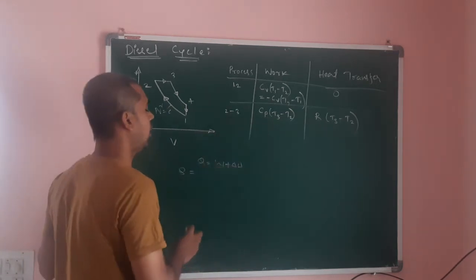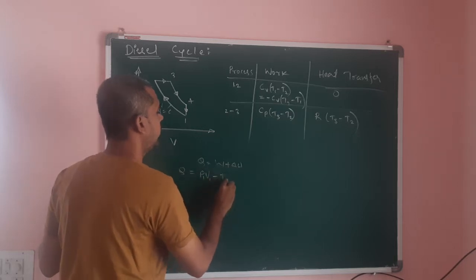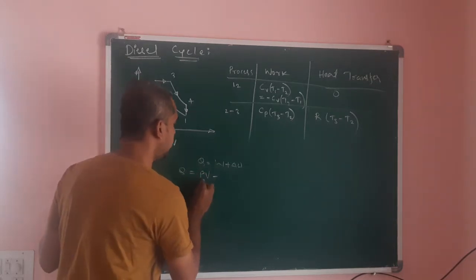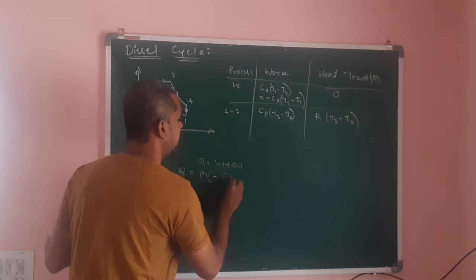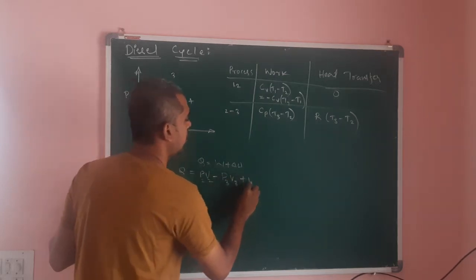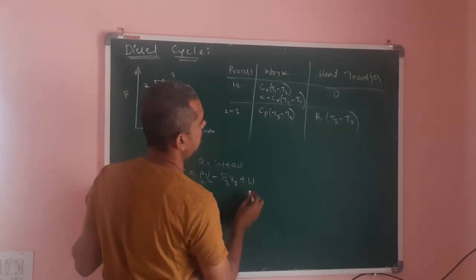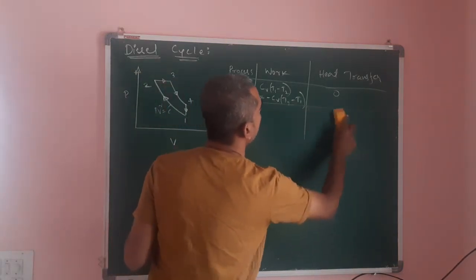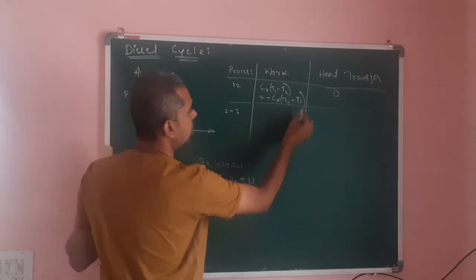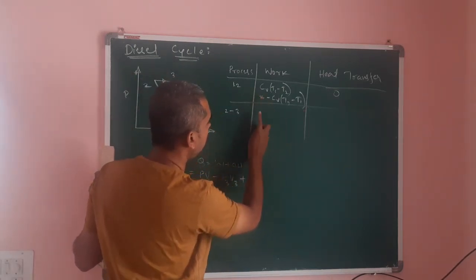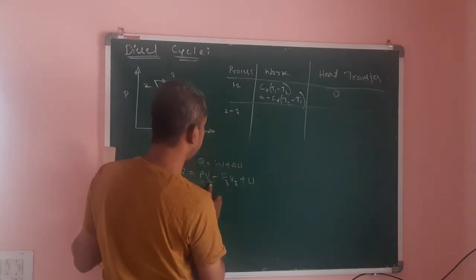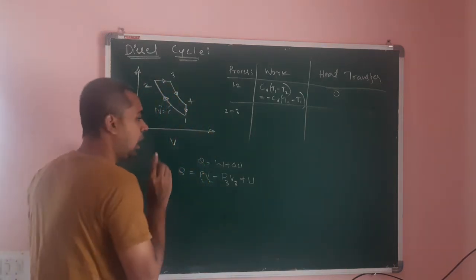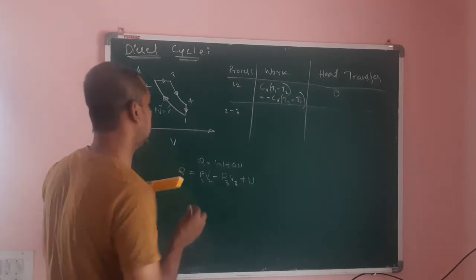Here it is the process 2 to 3, therefore it is P2V2 minus P3V3, or P2V2 we can write as mRT2 using the ideal gas equation. We can write the work done like this.